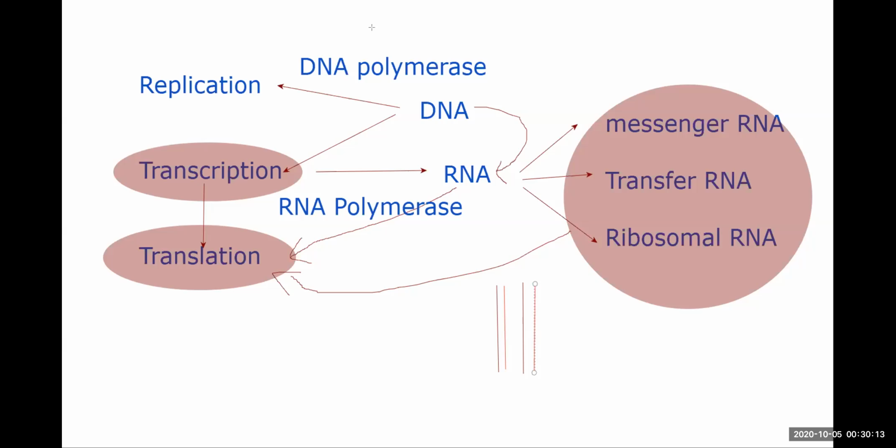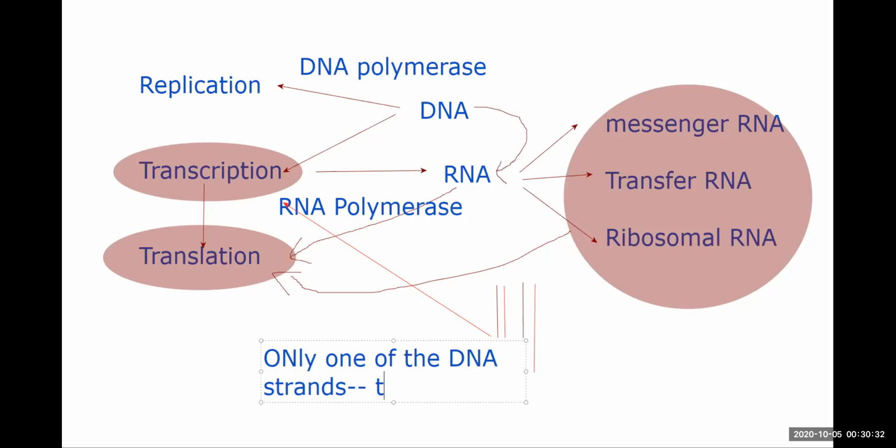But in case of transcription, only one of the strands will serve as a template for RNA synthesis. Only one of the DNA strands will serve as a template, not both.